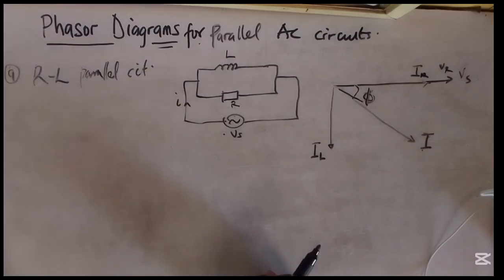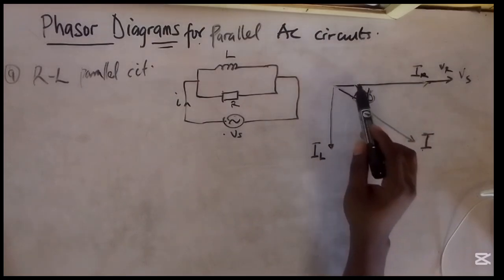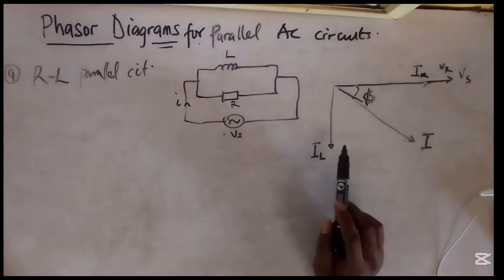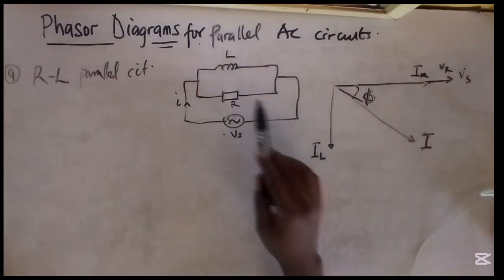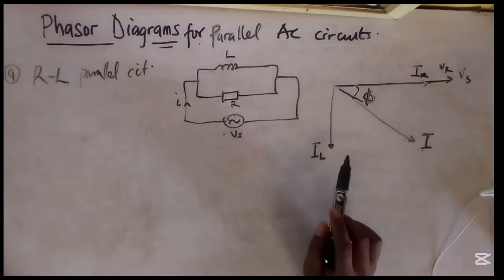It is worthy to mention here that the current flowing through the inductor, IL, is in quadrature with IR. That means it's at 90 degrees with IR, the current flowing through the resistor. They are 90 degrees out of phase.